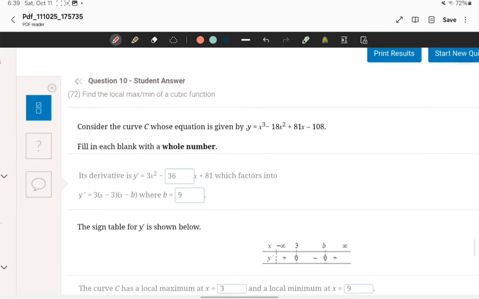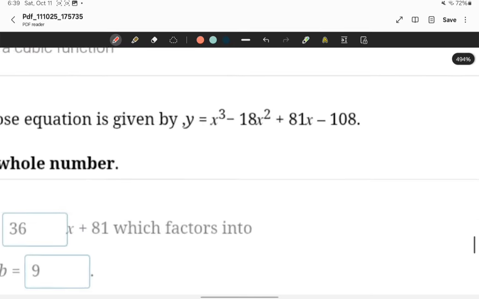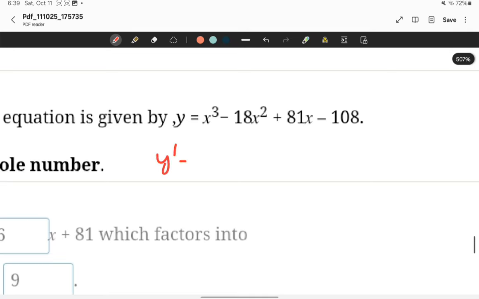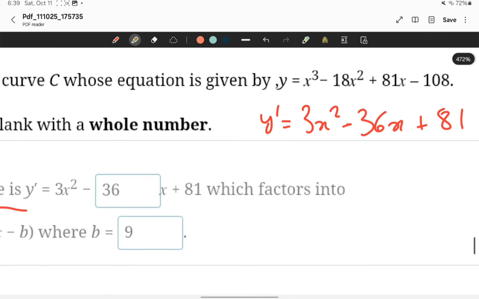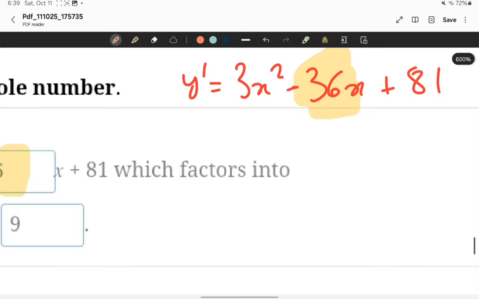Number 10. This is really easy. We have a curve, and they're asking for its derivative, y prime. Let's start deriving. Y prime equals 3x squared minus 36x plus 81. They want minus 36, give them minus 36. And now they want to factor it, yeah? So we could simplify this. We could take out the 3.